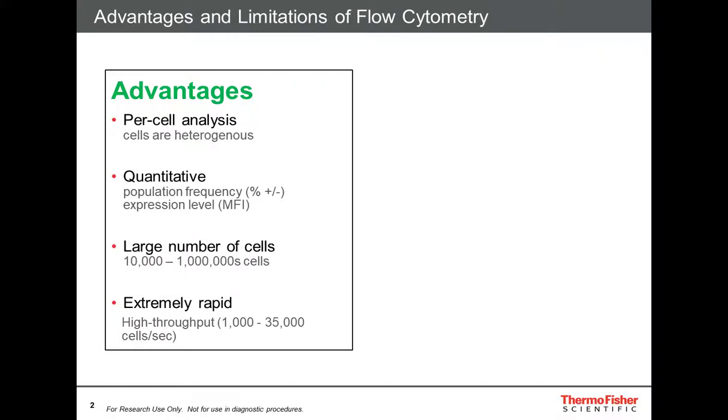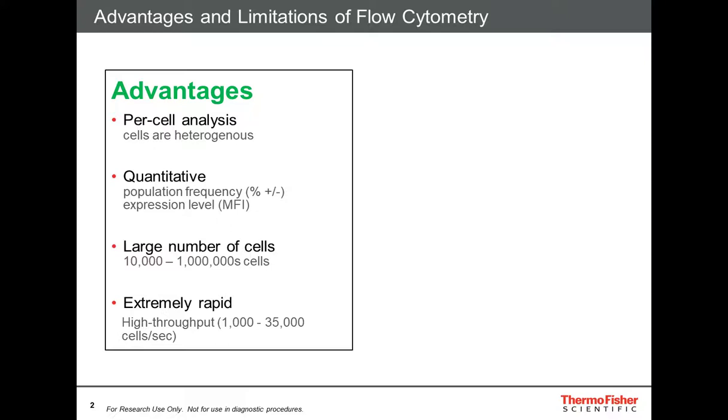So let's just talk about flow cytometry in general. There are advantages and disadvantages, of course, to every technology that we use in science, and there are a lot of advantages to flow cytometry. One of the things that I like the most about this technology is that we get a lot of information on a per cell basis. We use populations of cells that have a lot of heterogeneity, but we're doing this on a per cell basis.